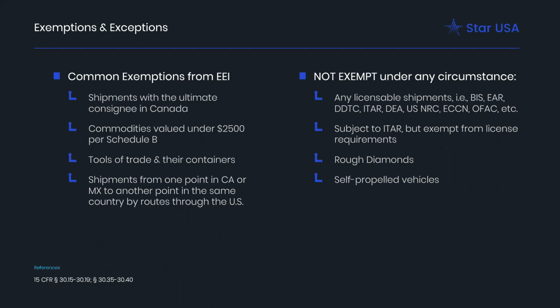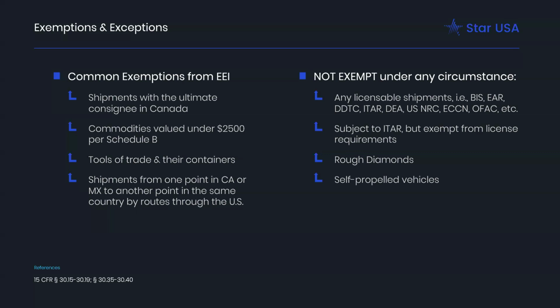An EEI must be filed regardless of its value, regardless of its ultimate destination being in Canada, regardless of its type of commodity. If it's a licensable shipment under, for example, the BIS, the EAR, the DDTC, ITAR, DEA, or Nuclear Regulatory Commission, if there is a license for this shipment, then you must file the EEI regardless of value, even if it's a $3 shipment.